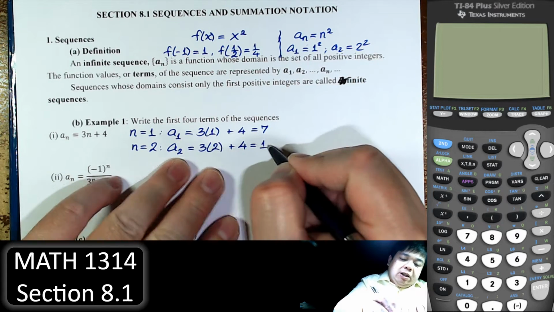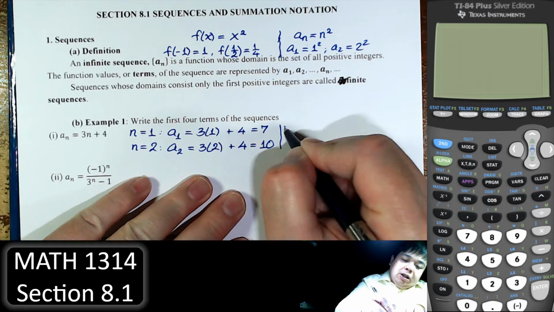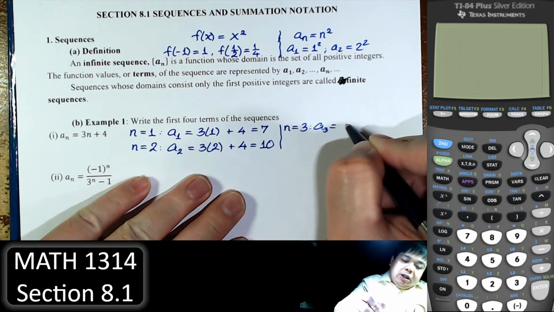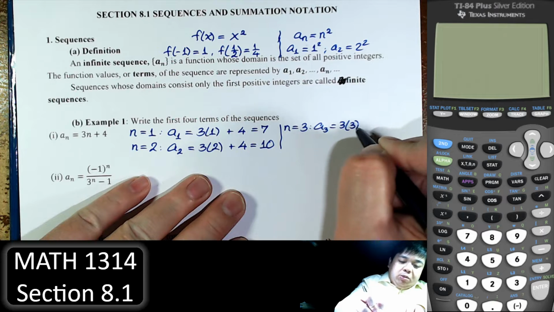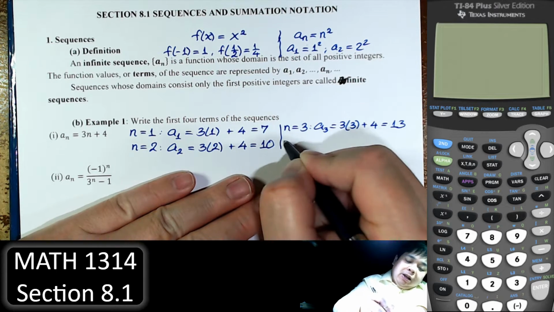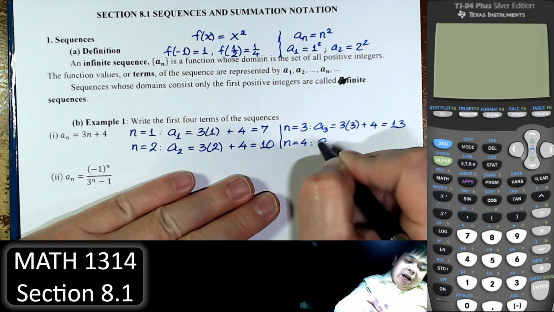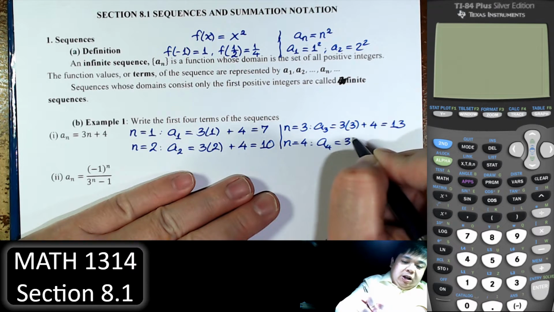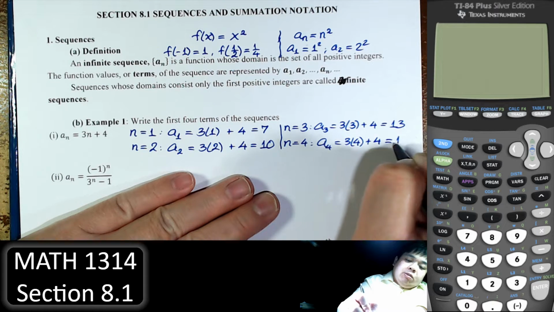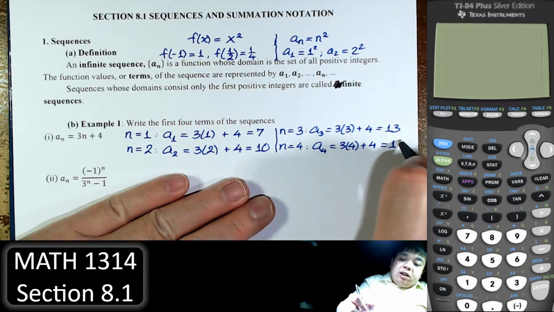So that's 10. n equal to 3, a sub 3, 3 times 3 plus 4, 13. n equal to 4, a sub 4, 3 times 4 plus 4, 16.